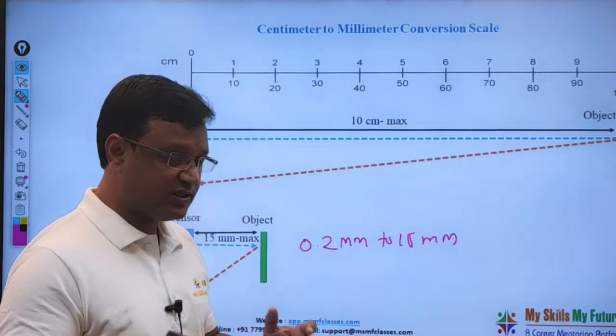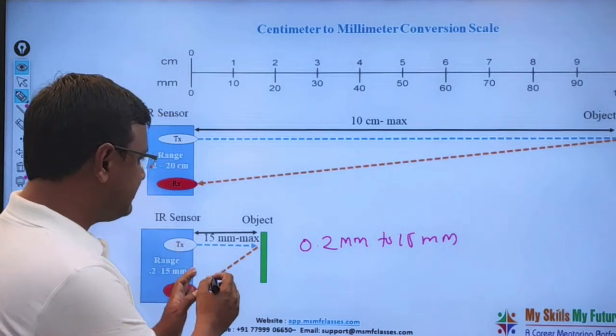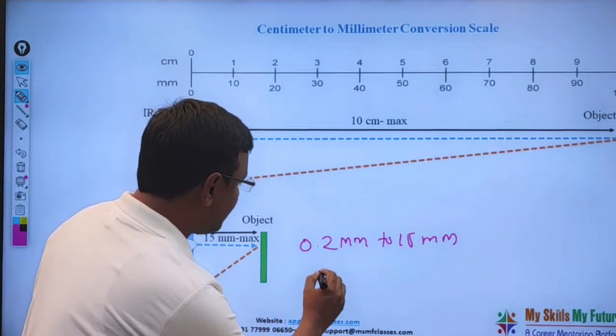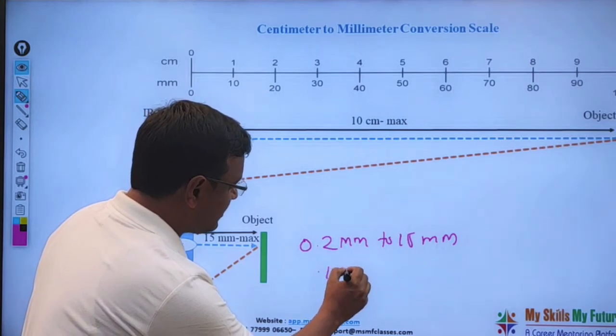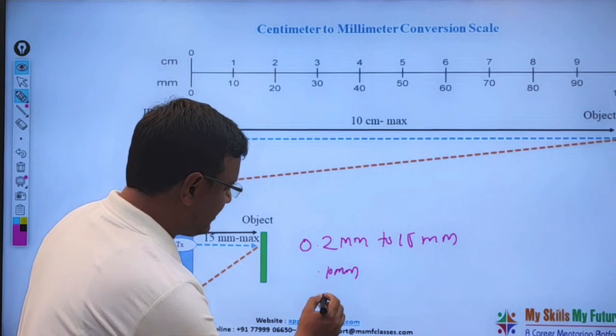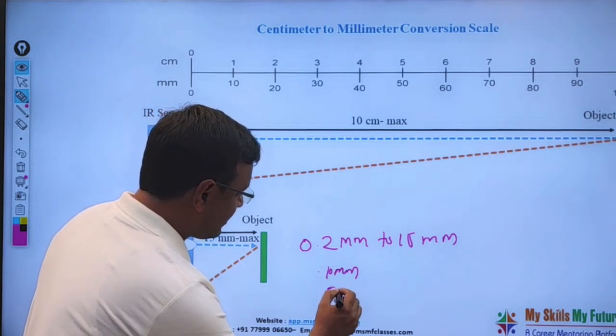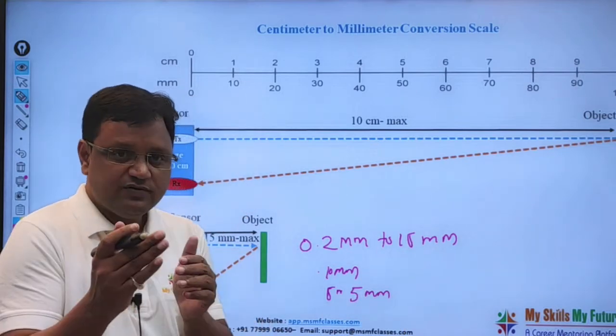I can adjust it, right? So what will happen if I set the sensor range up to, for example, 10 millimeters, or I can take this value, 5 millimeters? Then the detection range will be reduced.